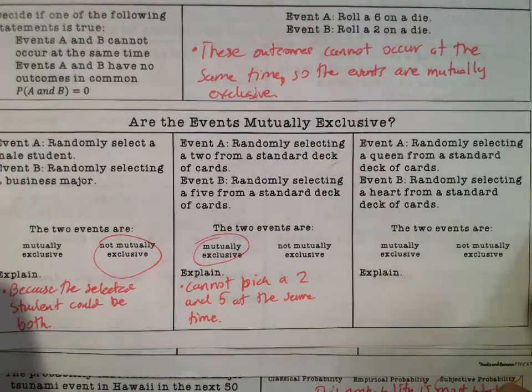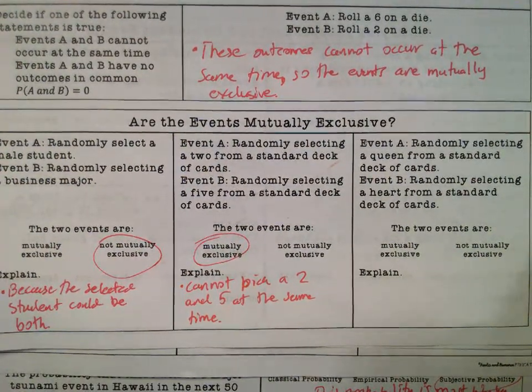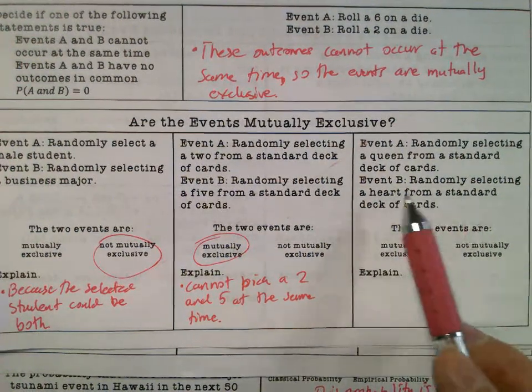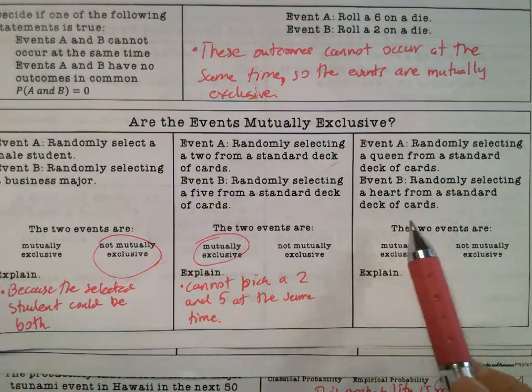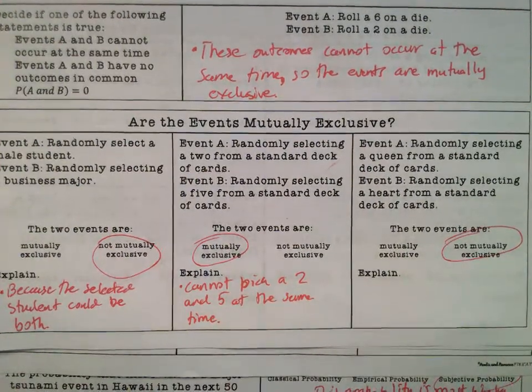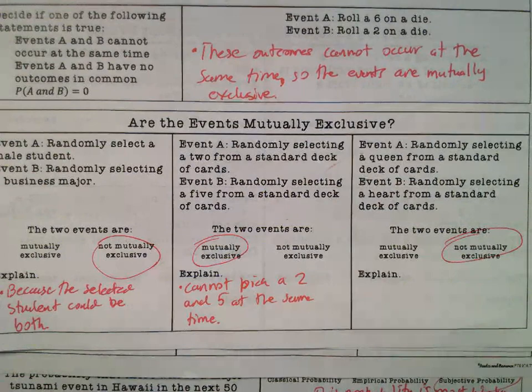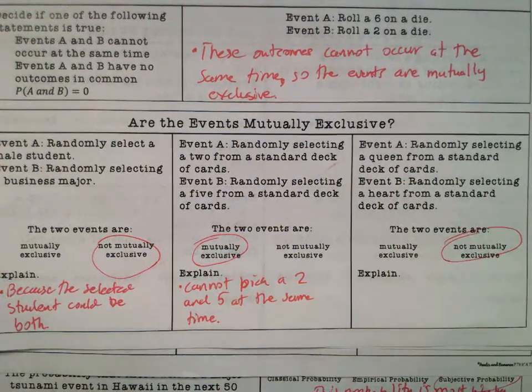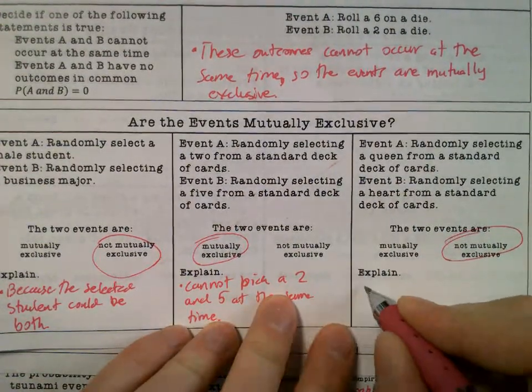Okay? Event A, randomly selecting a queen from a standard deck of cards, or event B, randomly selecting a heart from a standard deck of cards. That is not mutually exclusive because a queen can be a heart, right? Queen of hearts.